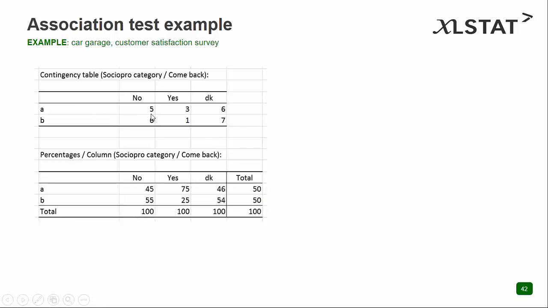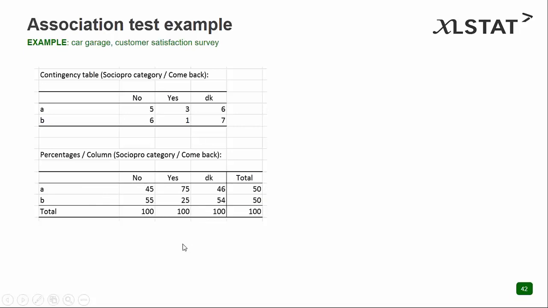So here we have 5 people who are part of socio-professional category A and who answered no. We have 1 person answering yes from the category B. Here's another way to represent things. So we have the percentages of A's and B's for each of the answers.